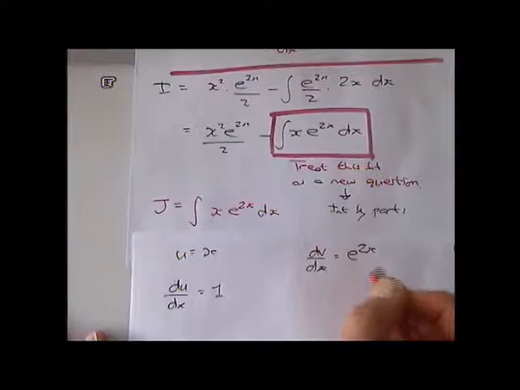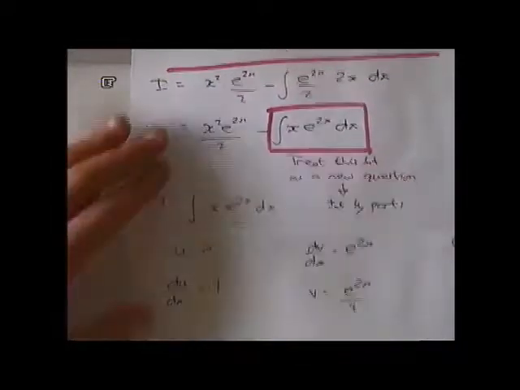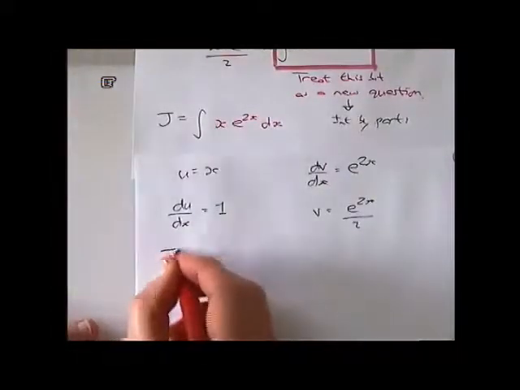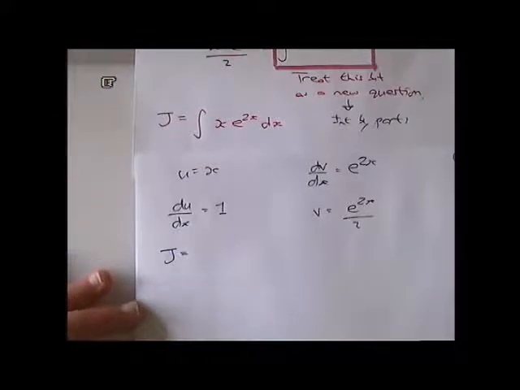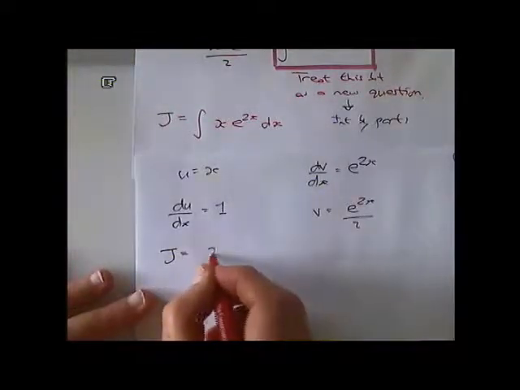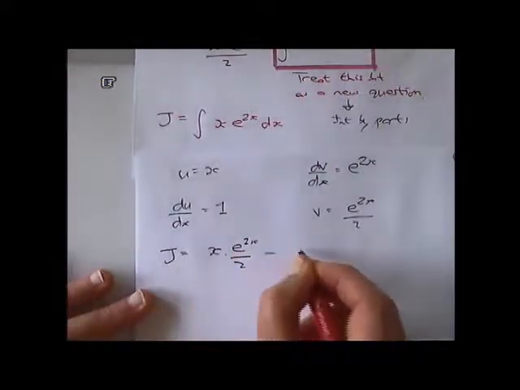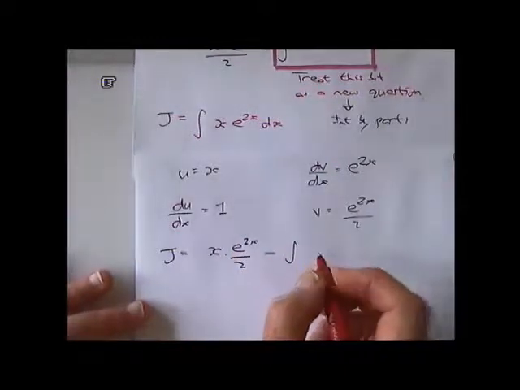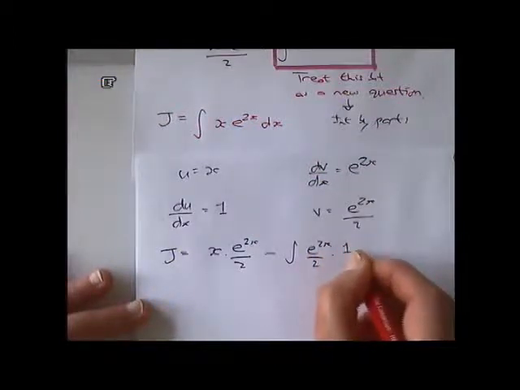We already had this scenario, we already know in this question what the integral of that is, we've done it already. What's the integral of that bit? Use the 2x over 2. Yep. Okay. So now our integral J will be, using the red box rule, u times v minus the integral of v times du dx.